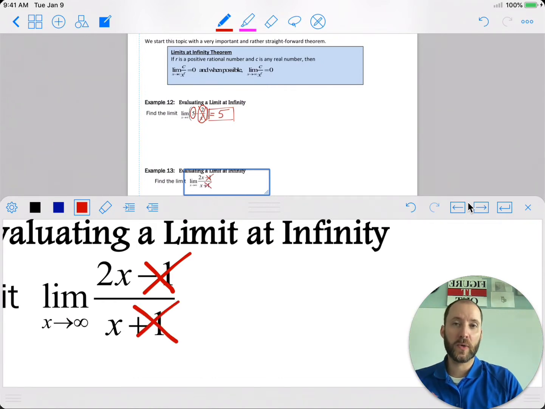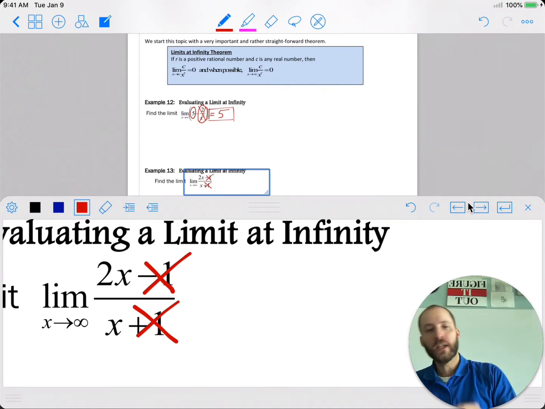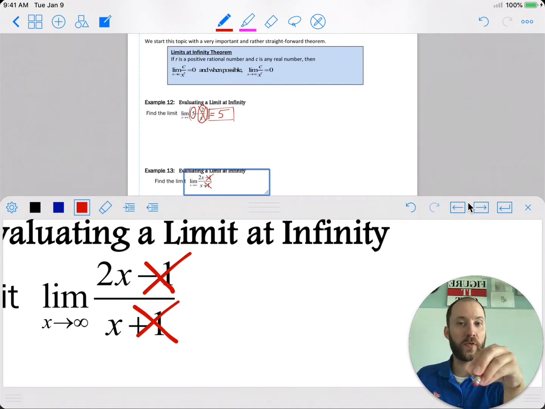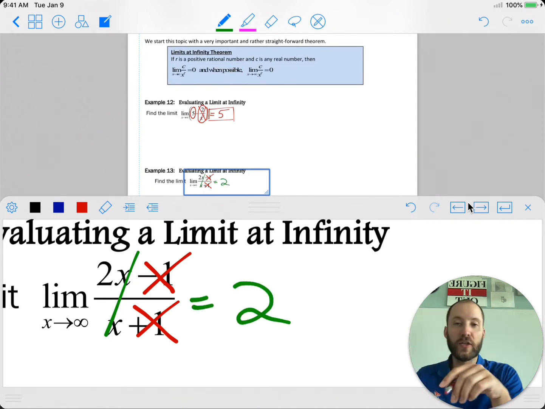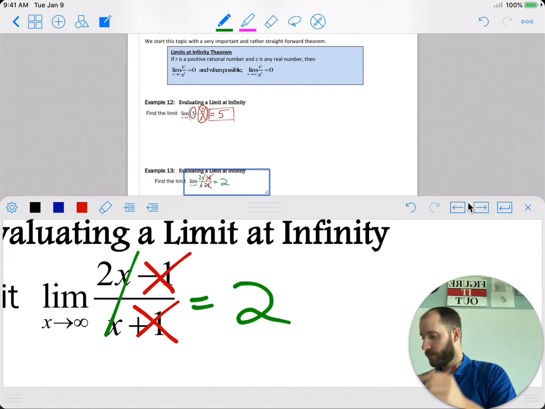So the plus 1 in the denominator is also really not significant if x is really, really big. So you're left with 2x over x. Cancel out the x's, and you just have 2.